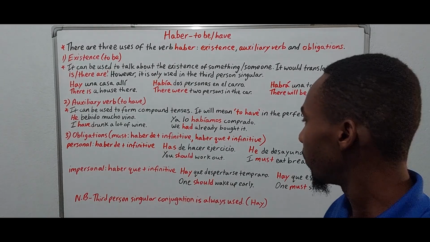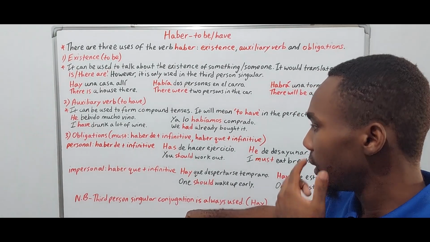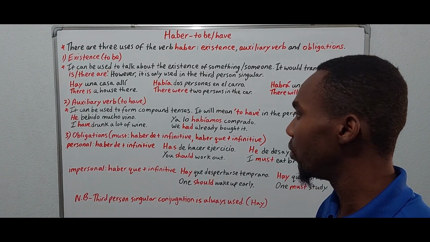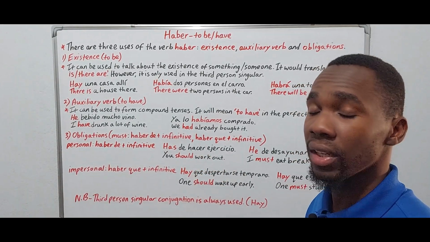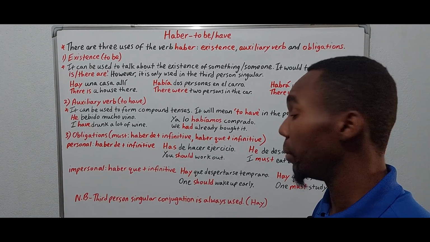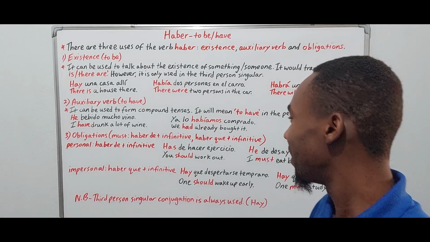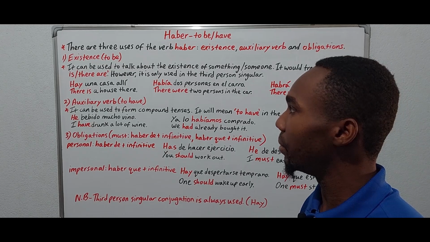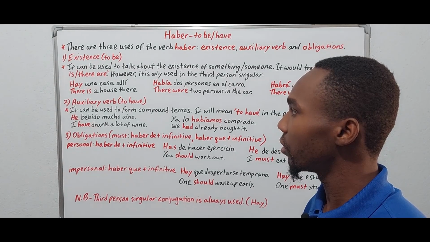Yes. And of course, I have the reminder here that the third person singular conjugation is always used when we're using haber impersonally, right? Yes, so these are three uses of the verb haber in Spanish, okay?